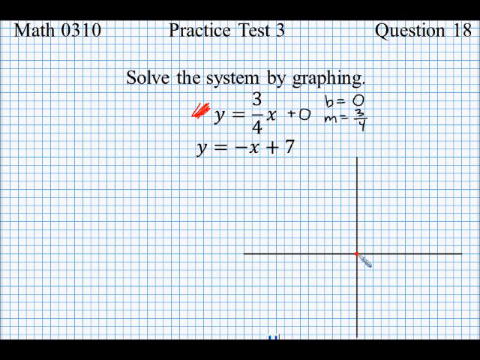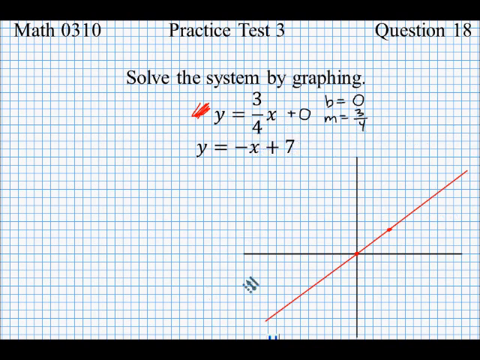From the y-intercept, we go up 3 because we have a rise of 3, and over 4, and we get a second point there. So our line is going to look something like this. And it would go that same amount in the other direction as well.